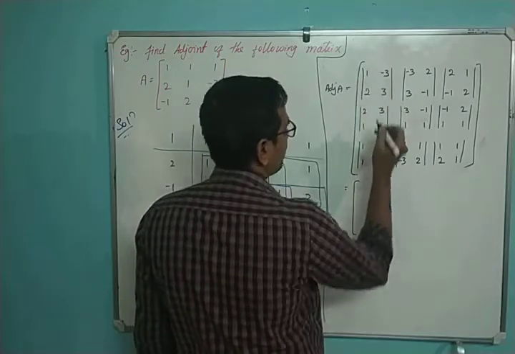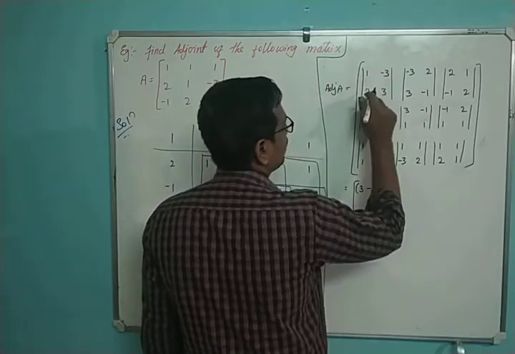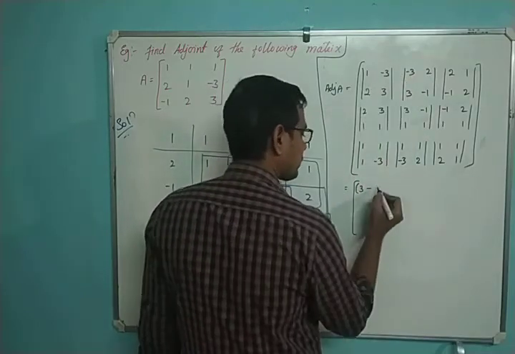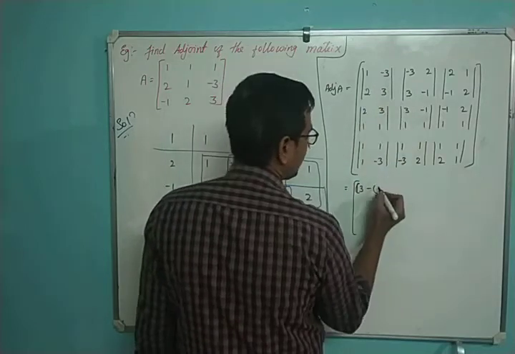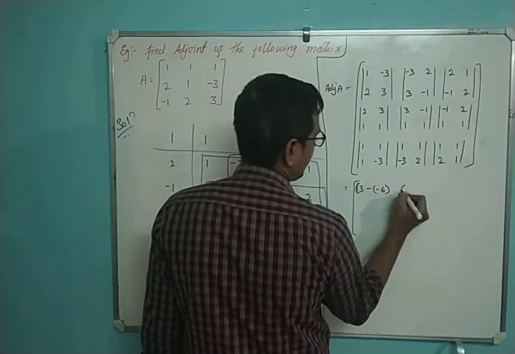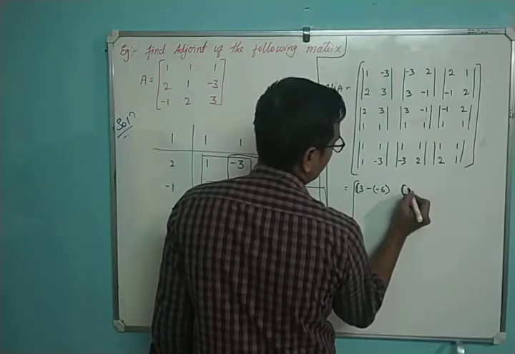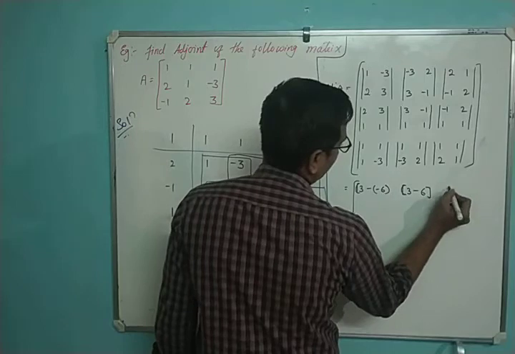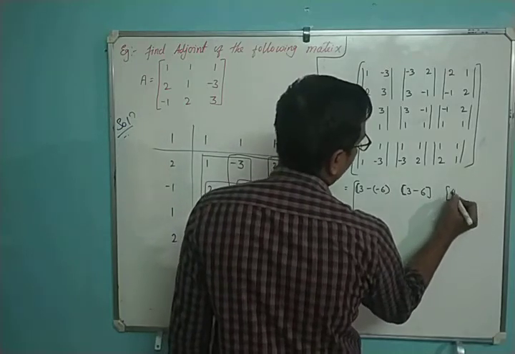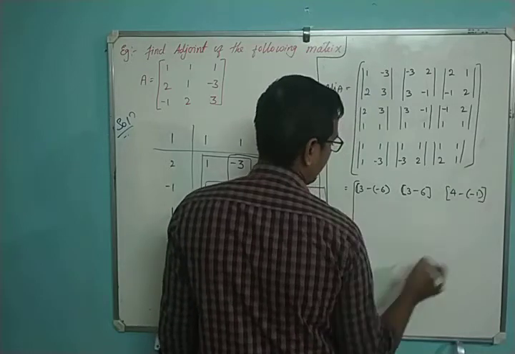See, 1 into 3 is 3, minus 2 into minus 3 is, 1 into 3 is 3, 2 into minus 3 is minus 6. And here minus 3 into minus 1, that is 3, minus 3 into 2 is 6. And here 2 into 2 is 4, minus 1 into minus 1, minus 1. Right.